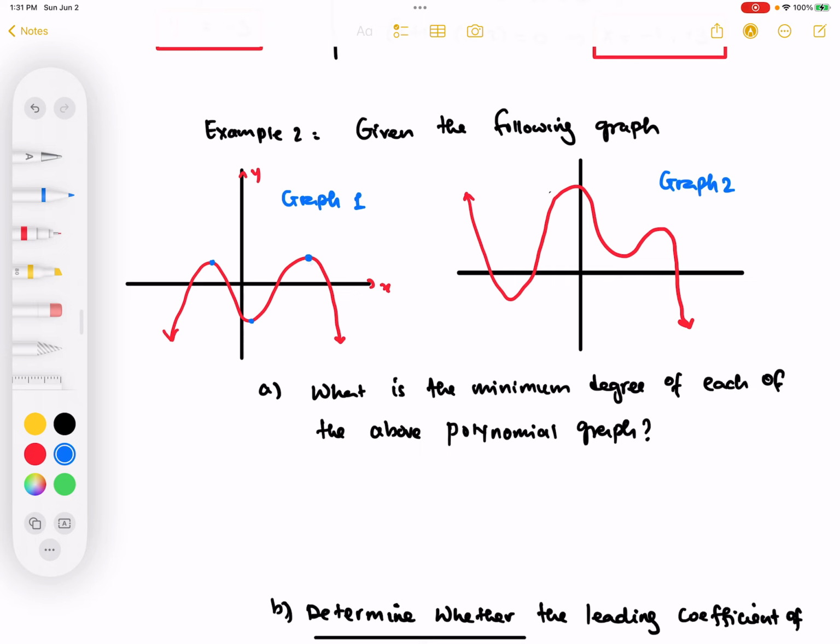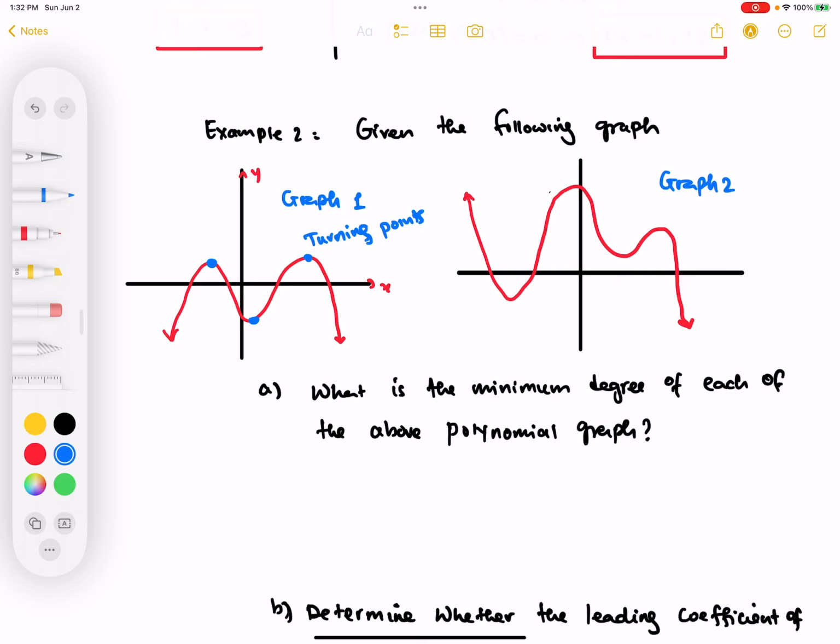So these are known as turning points. You can see how many turning points? 1, 2, and 3. The turning point is the point where the graph has a maximum or a minimum point.